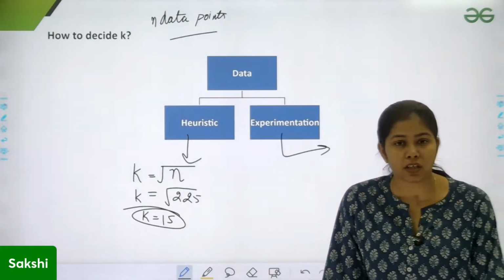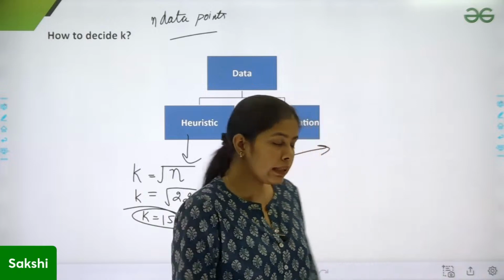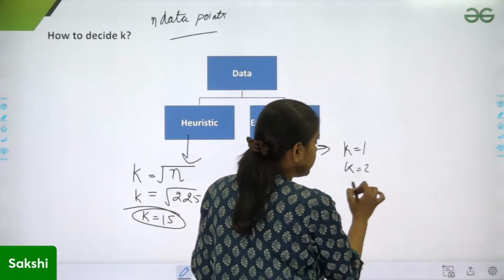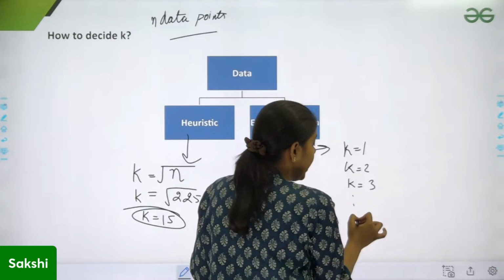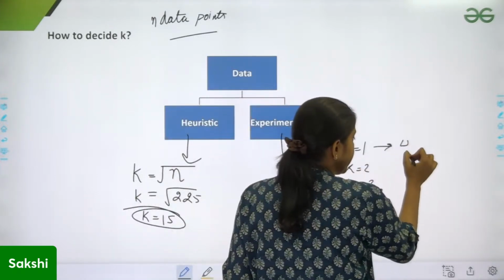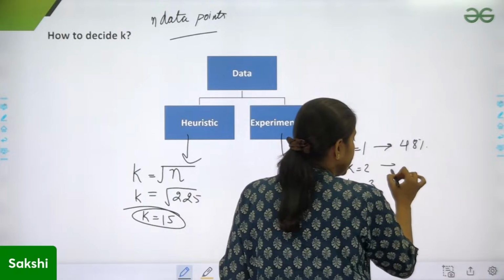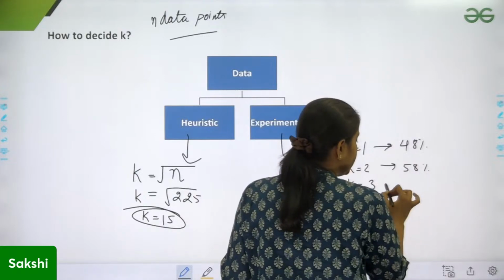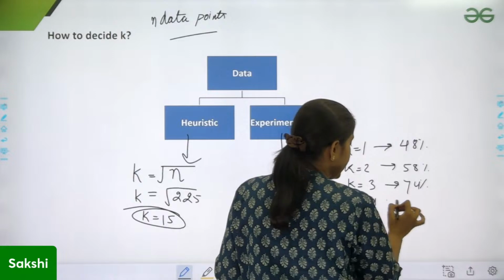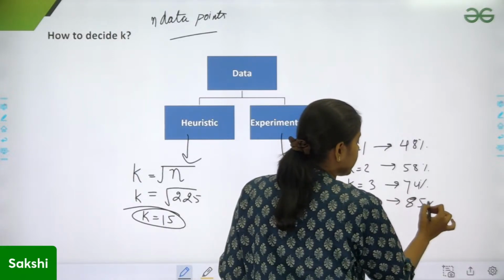Another one is experimentation. Now in experimentation, what would I do? I'll take k equals 1, k equals 2, k equals 3, and I'll move like this. Let's suppose for k equals 1, I am getting 48% accuracy, then 58%, then 74%, and then at k equals 4 I got 85% accuracy.